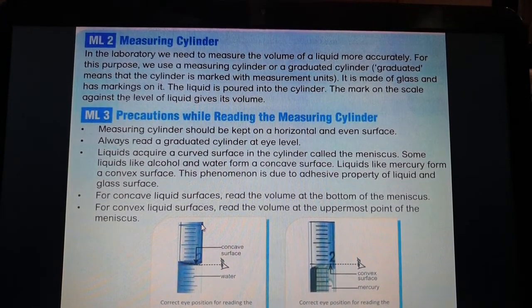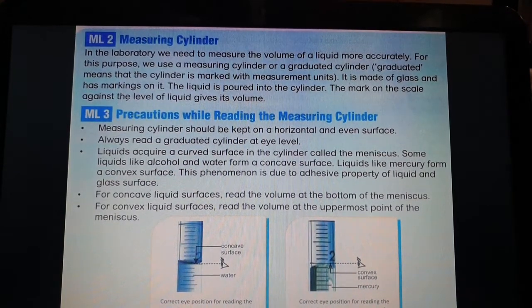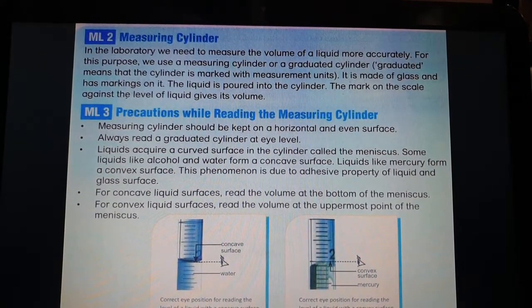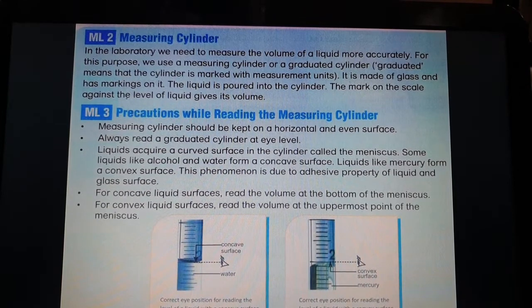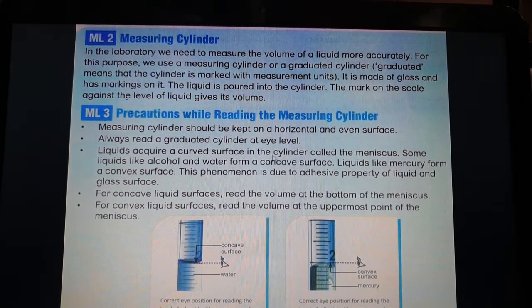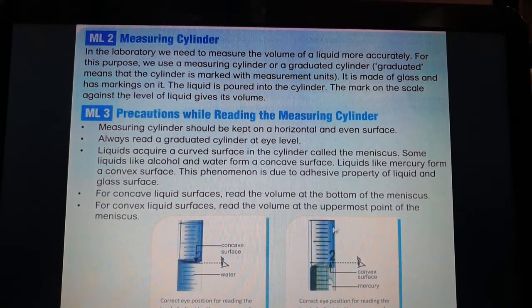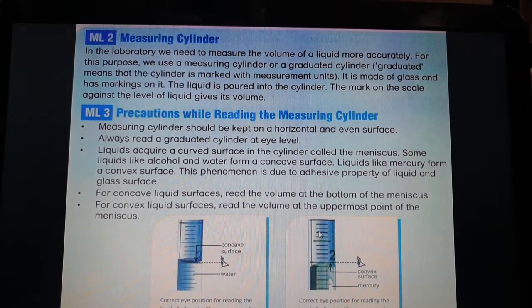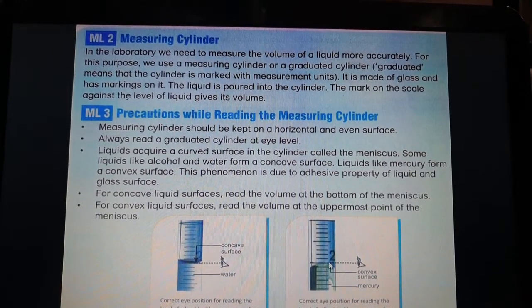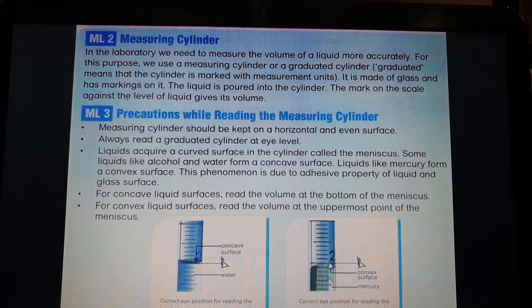To get an accurate reading, accurate means the exact reading without any errors, we make use of these measuring cylinders. We can also name them graduated cylinders, that is, they are marked. See, in the second picture you can see that it is completely marked, so you can measure accurately.